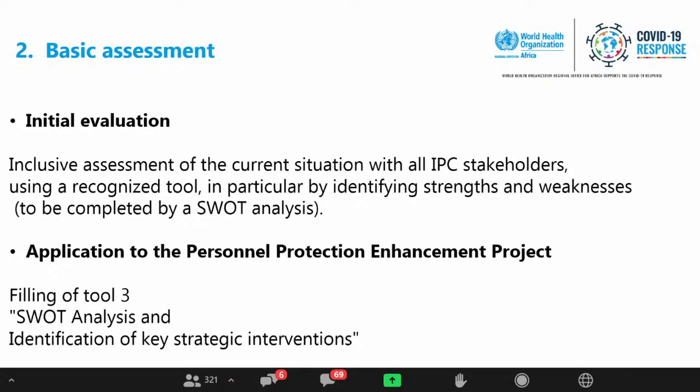It comprises also investigation of all cases and all exposures for health workers. It comprises also epidemiological surveillance and also early detection and management of cases. After filling in this tool, you have to perform a SWOT analysis and identify all key strategic interventions needed for your program.